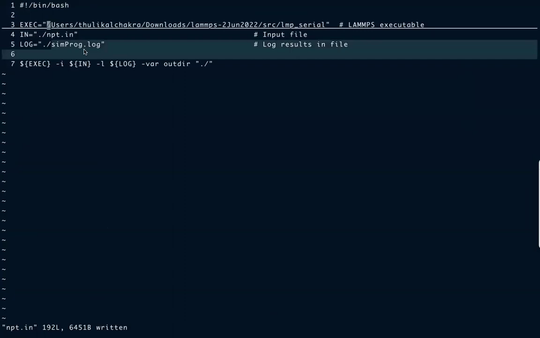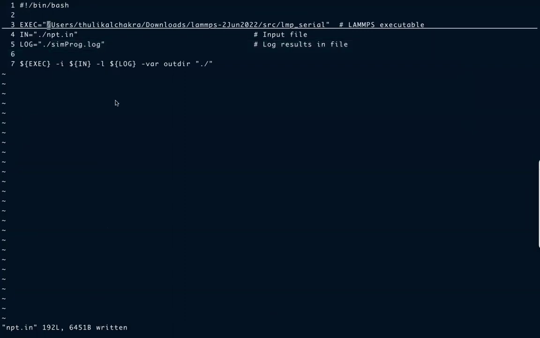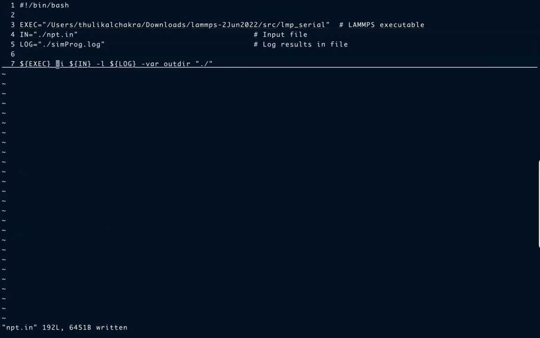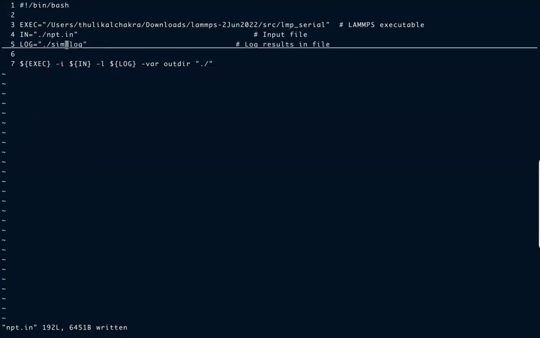And then finally, we have the simprog.log, which is the log file where I want LAMMPS to put all of the simulation progress. You can make it even simpler and just say sim.log. And this is the final command that you need to use to run LAMMPS.